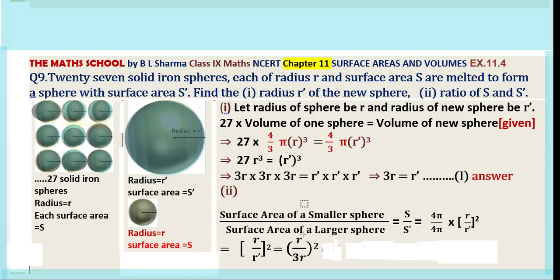This r and r cancel. So what is left? 1 upon 3. So 1 upon 3 whole square. So we can write 1 is to 9. The answer of the second part is the ratio of S and S dash: the surface area of the small sphere to the surface area of the new sphere is 1 is to 9. That's all for this question.